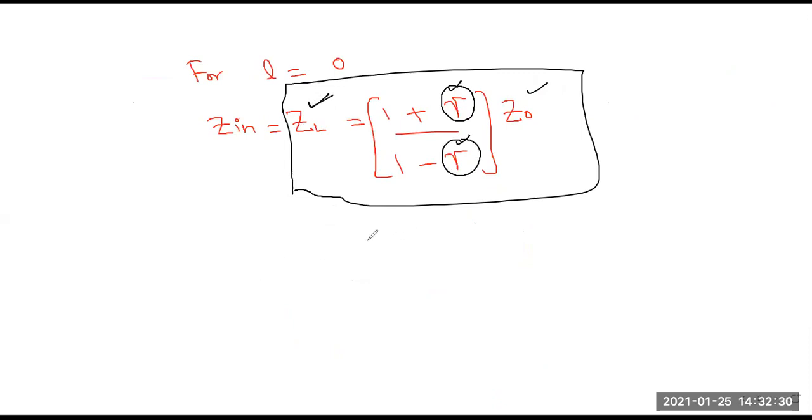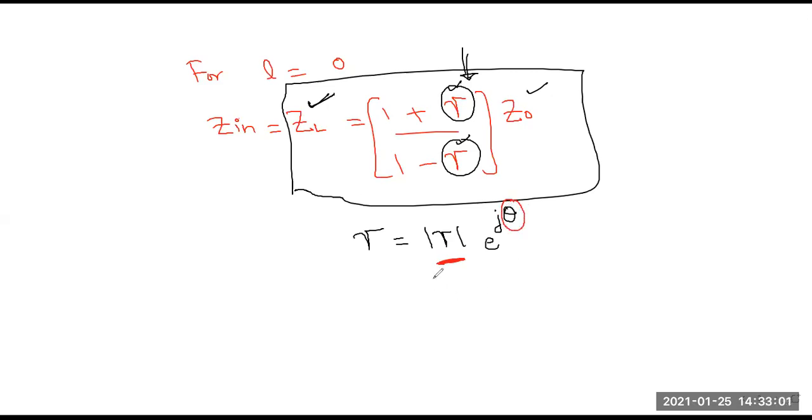But what is gamma? Gamma is a complex quantity and it has two parts: a magnitude part and a phase part as well. So if I want to find gamma and then substitute it to find out ZL, I must find out two things: the magnitude of the reflection coefficient, and the phase of the reflection coefficient.